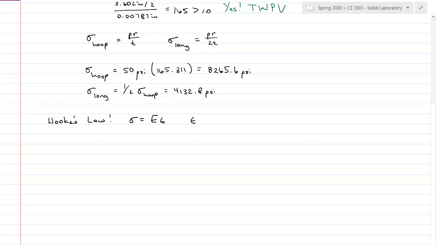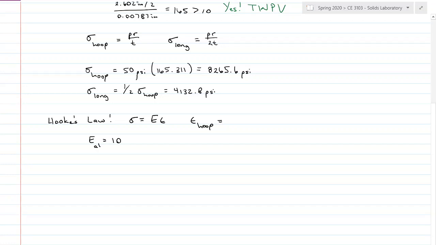According to our textbook for aluminum, we should have a modulus of elasticity of 10.6.